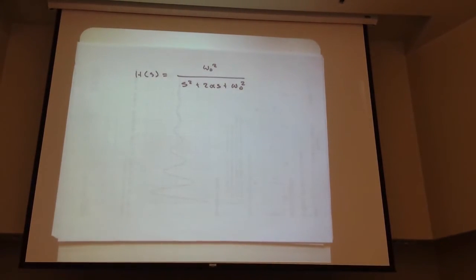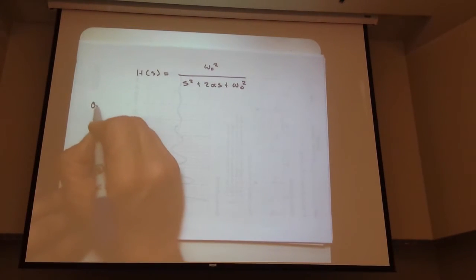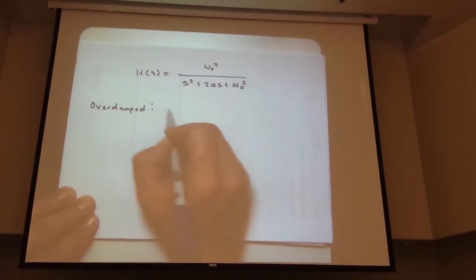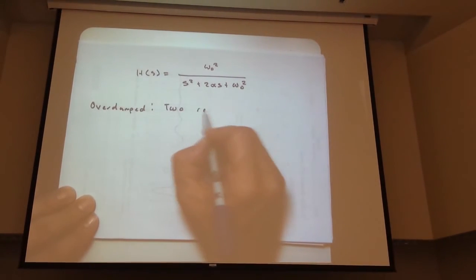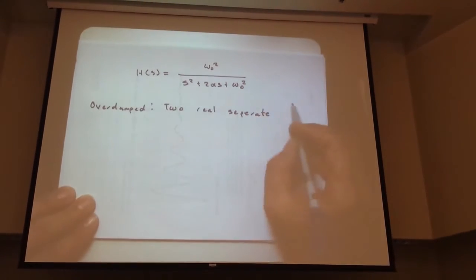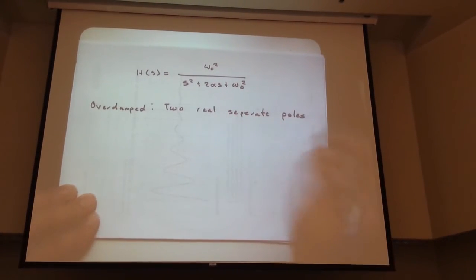Well, that's, again, when we talk about underdamped, it is complex poles. So, I mean, here, write it out: overdamped, 2 real separate poles. And I can never remember how to spell separate, so this is what spell check's for.